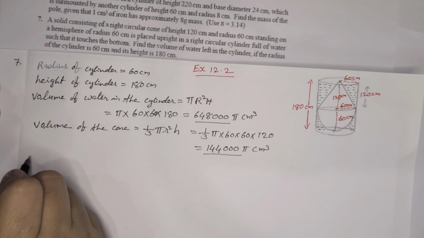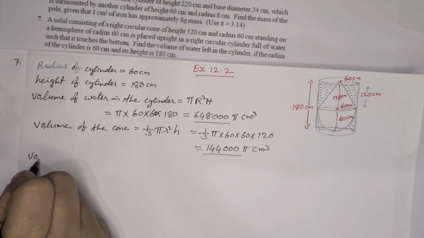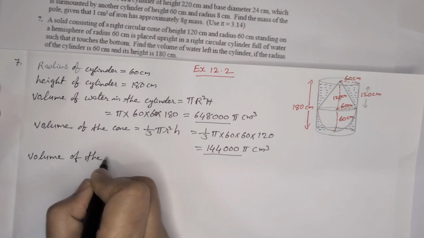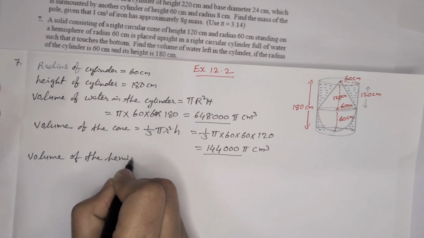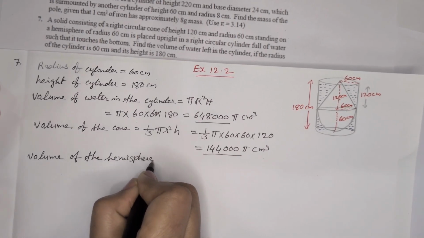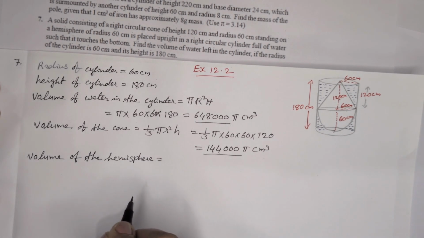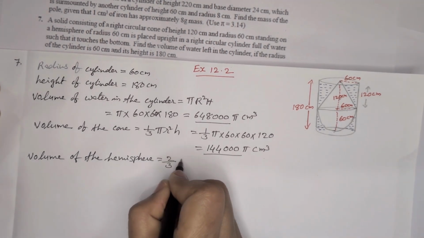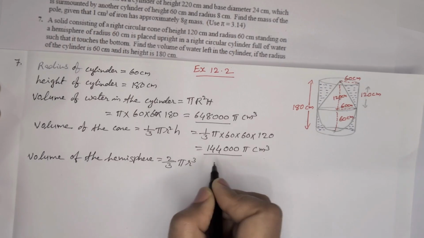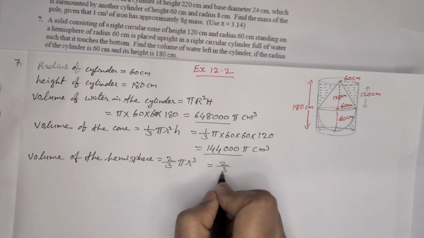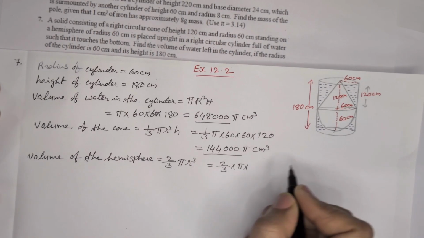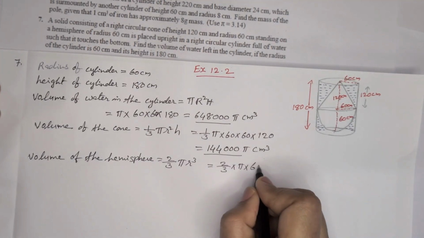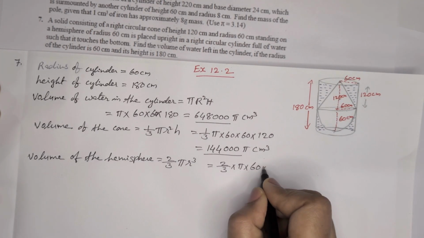Next, volume of the hemisphere is 2 by 3 pi r cube, which is equal to 2 by 3 into pi into 60 cube, the hemisphere also with the same radius.